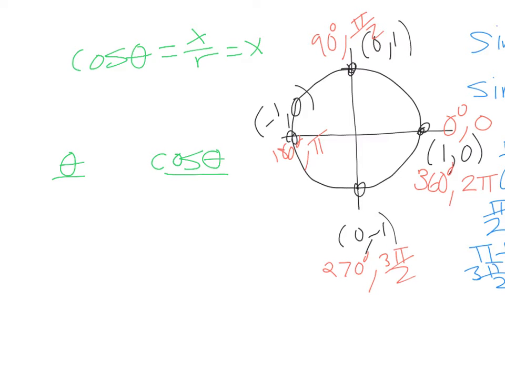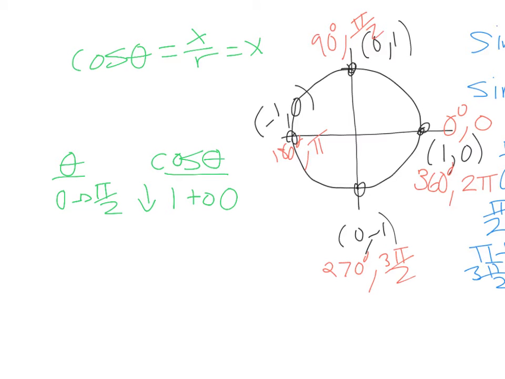So going from 0 to pi over 2, the x coordinate starts at 1 and then goes to 0. So it will be decreasing from 1 to 0, starting at a high point of 1 and going down to 0.